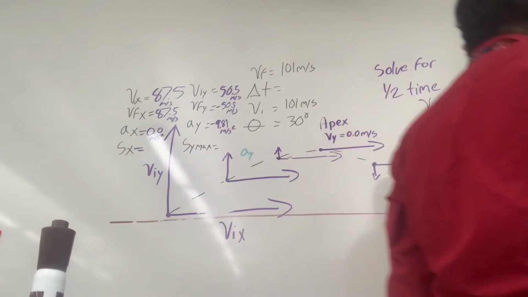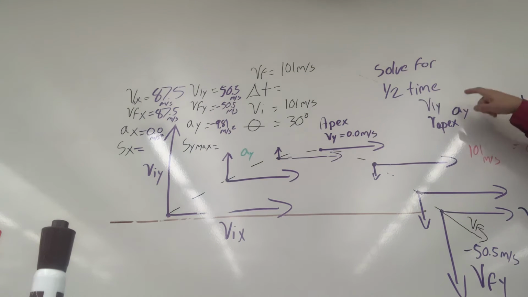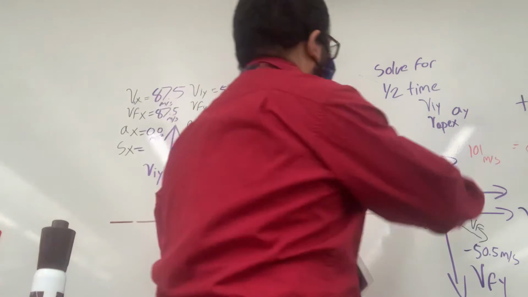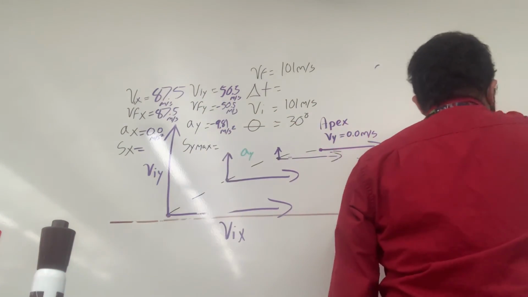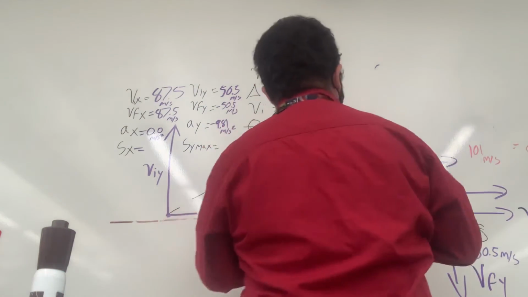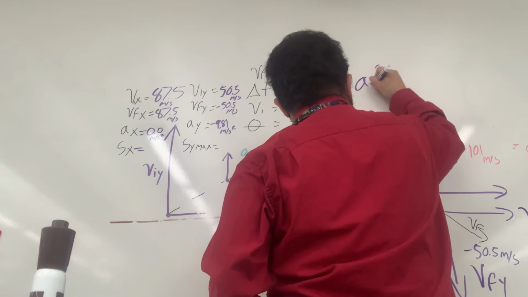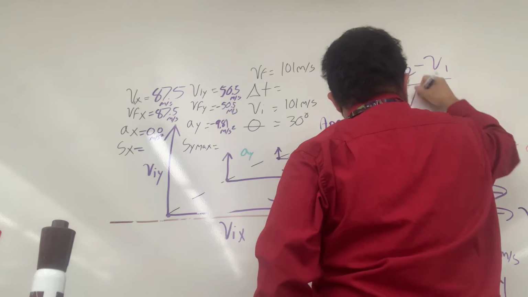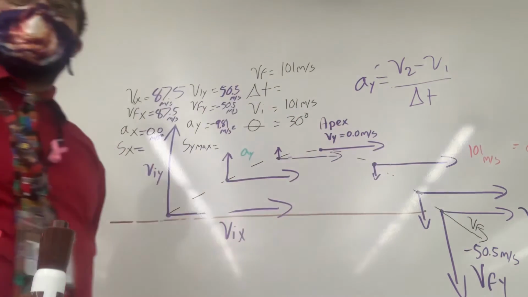Okay? So what formula are we going to use if we have these values and we want that? Everybody, the acceleration formula. So the acceleration in the y is equal to the second velocity minus the first velocity over the change in time.